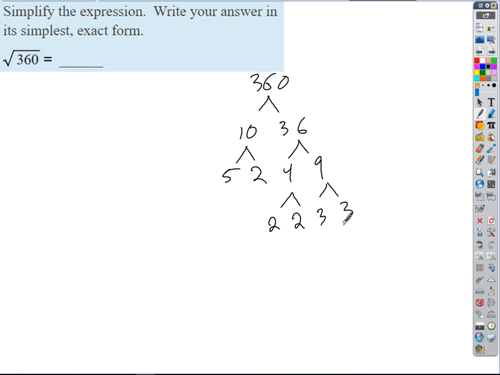Okay, well, here's why we do that. If I break up the 360 into all these products, let's take the 2's for example. How many 2's do we have there? It looks like we've got 2 times 2 times 2, so I've got 2 cubed.